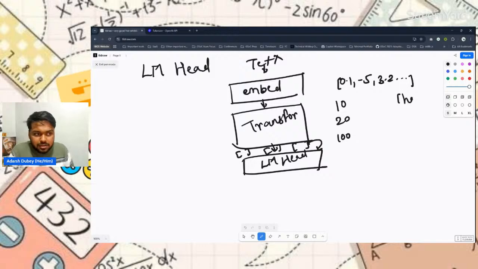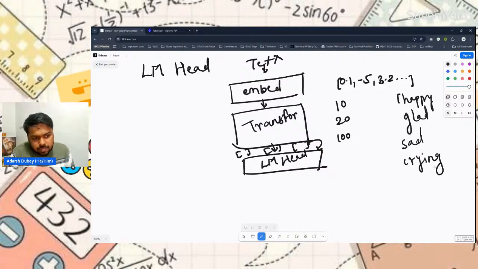So the words can be happy, glad, sad, I don't know, any other mood, right? Crying, whatever it is. So our LM head will find out the top 100 words which correspond to this embedding, and it will also produce a number with each. So suppose it can be 0.45, 0.25, 0.05, and the summation of all these numbers will be 1.